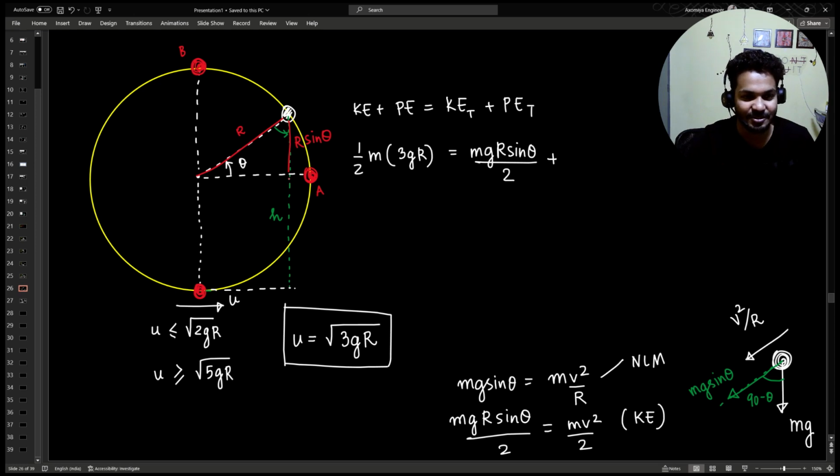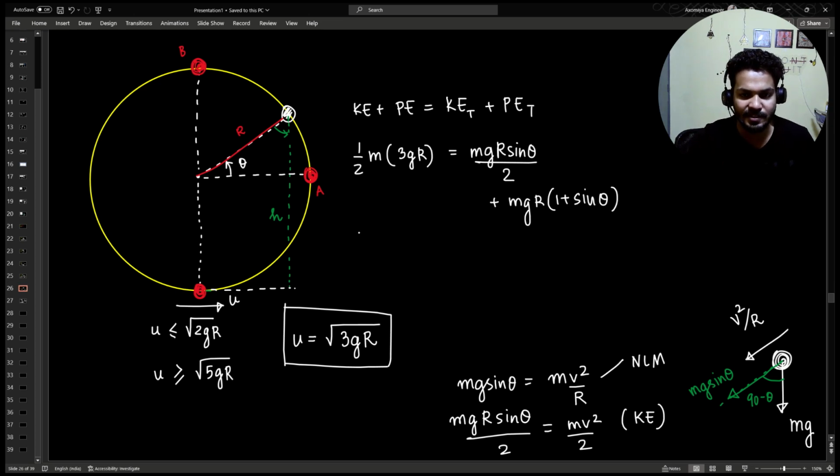So this is r sine theta, and this height is r. So the total h is r plus r sine theta. Everybody agrees with this one? So if you understood this, then what you gotta do next is plug in the potential energy formula, and that is nothing but mgr(1 plus sine theta), right?